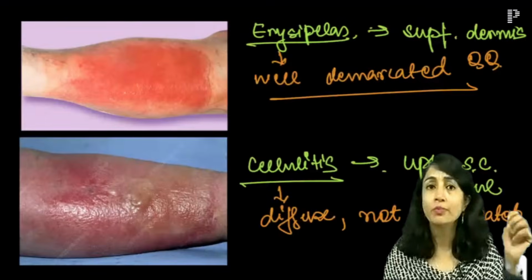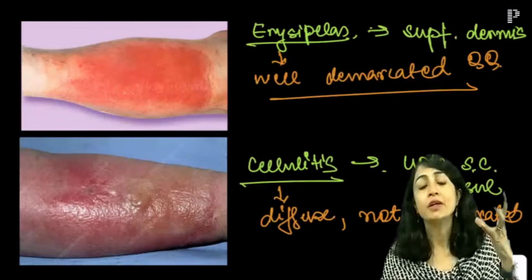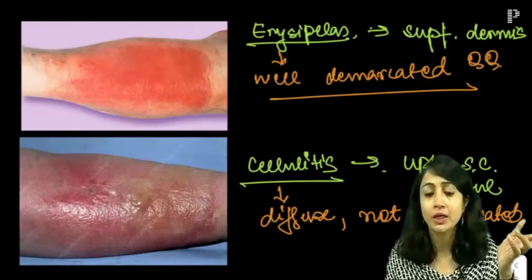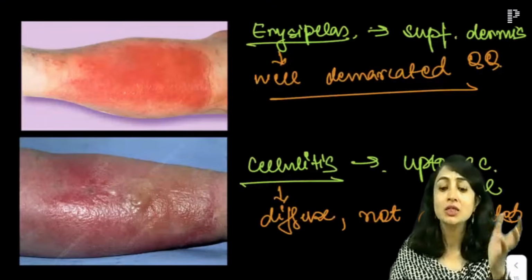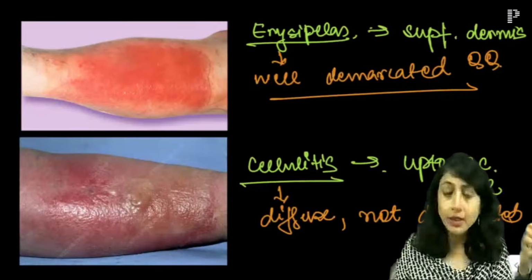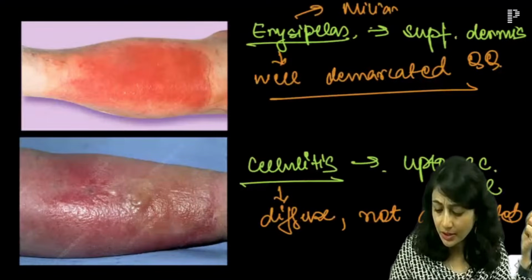So both of them present with warm, tender plaques with constitutional symptoms. But when you examine the patient, erysipelas will be more superficial, so it will be well demarcated, whereas cellulitis will be more diffuse and non-demarcated. Another thing that you can see in erysipelas is called the million-ear sign.